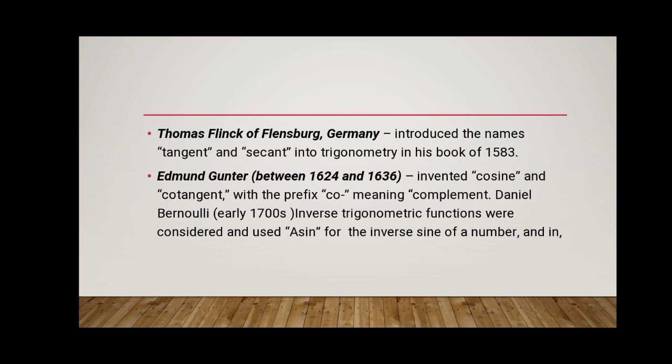Thomas Finck of Flensburg, Germany, who introduced the names of tangent and secant into trigonometry in his book of 1583. Edmund Gunter, between 1624 and 1636, who invented cosine and cotangent with the prefix "co" meaning complement.